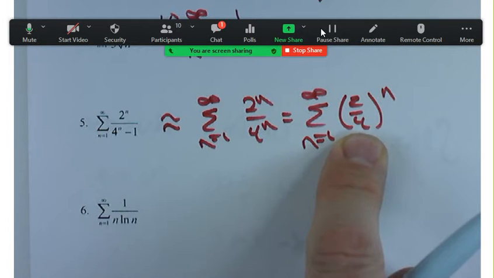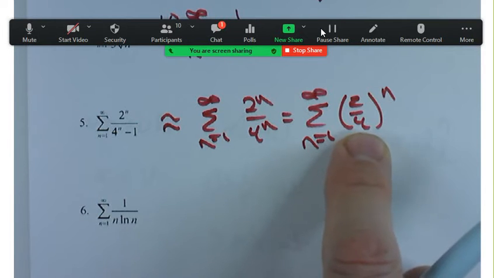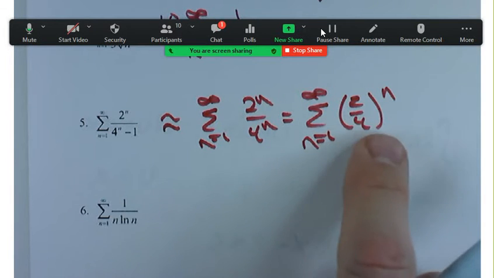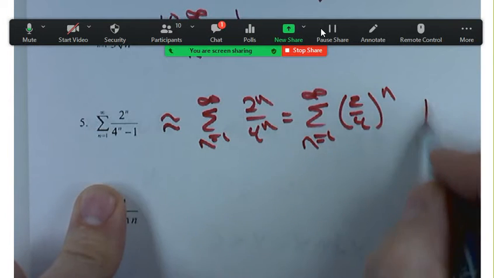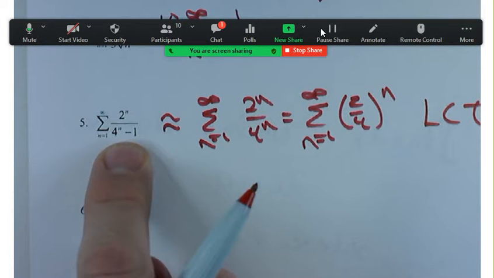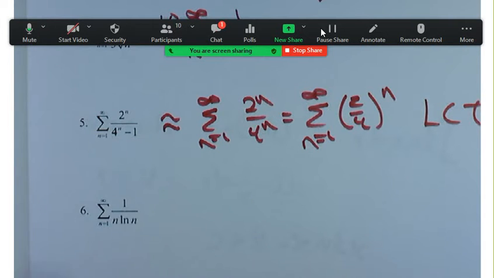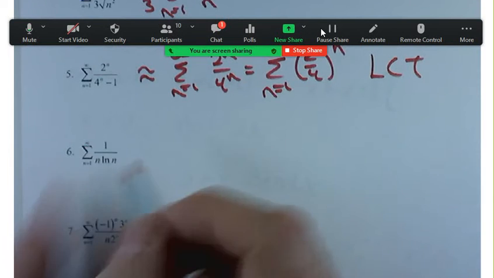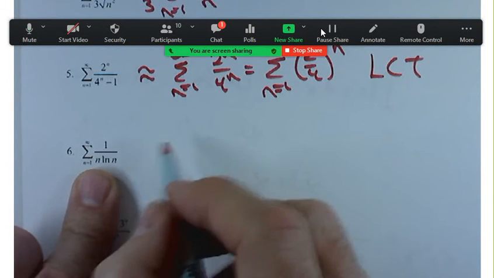Does it converge or diverge? Hello? Well, the ratio here is less than 1, so it converges. All right? But that doesn't prove anything until you put it into the limit comparison test with this. And you should be able to find that based on the limit comparison test, that one converges.